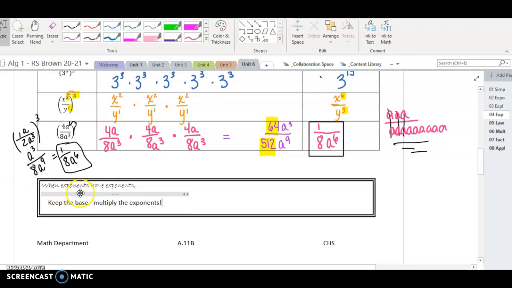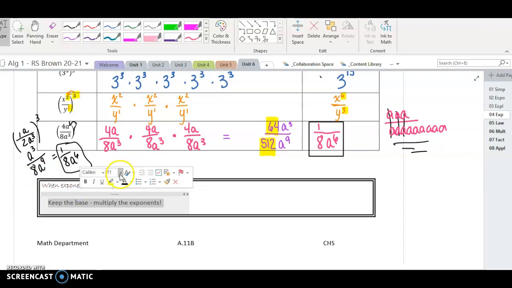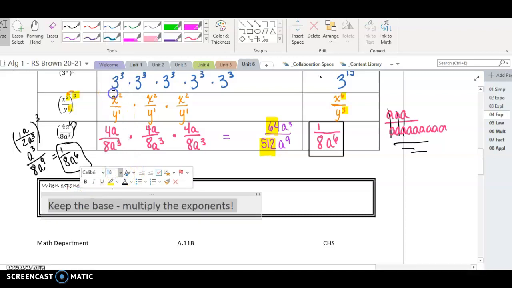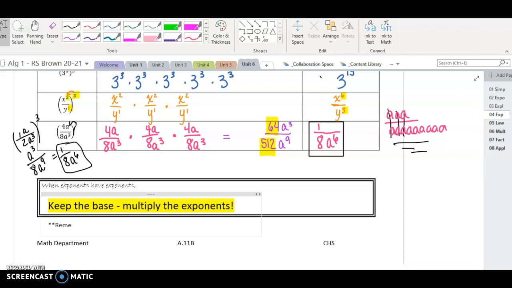Make this bigger here. All right. One thing that you do have to remember, all right, the exponent on the outside represents the number of groups.